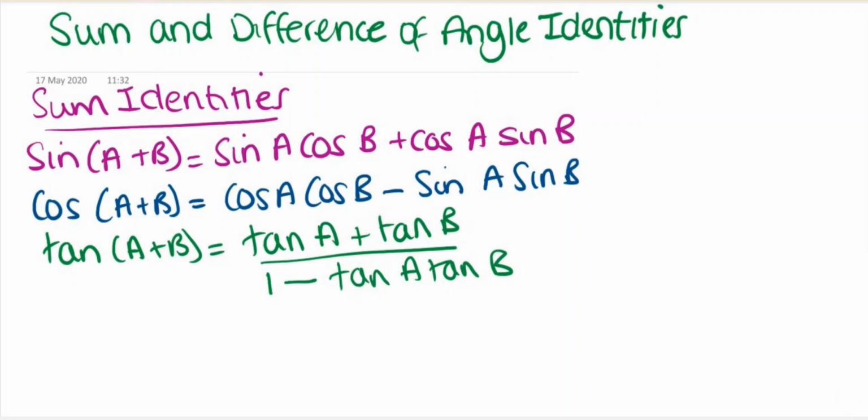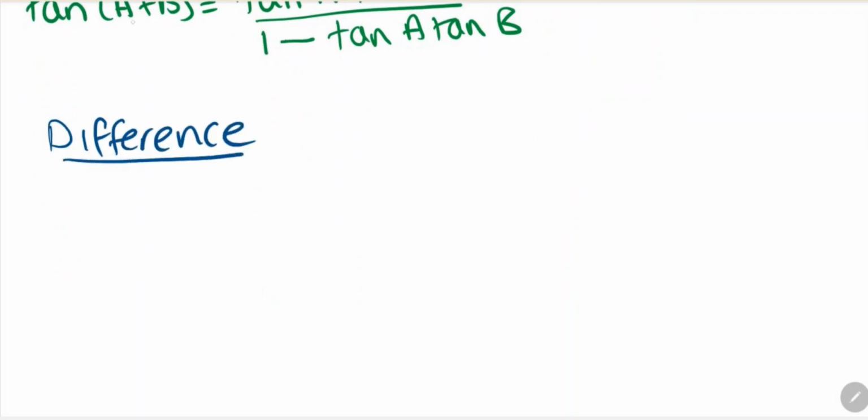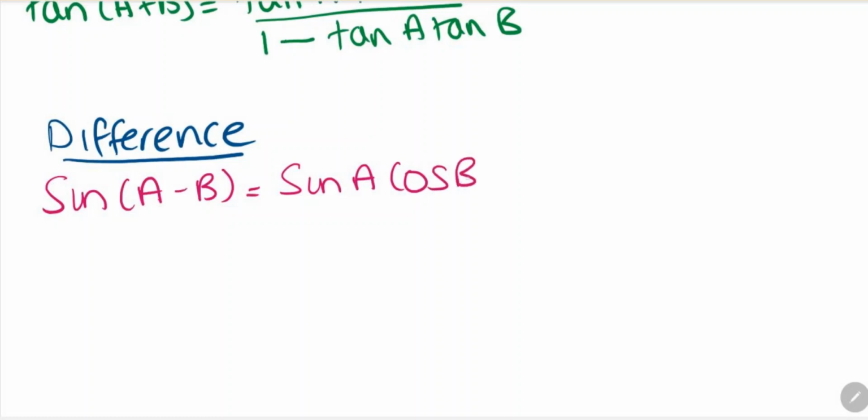So the difference is the negatives. So for sine, when we have a minus b, we need to use sine of a, cosine of b, minus cos of a and sine of b.